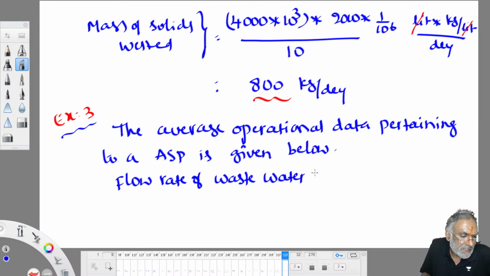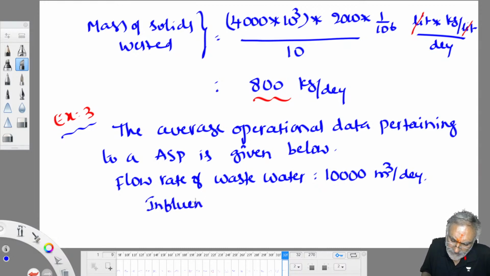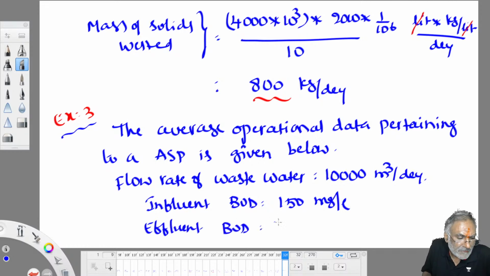So flow rate of wastewater 10,000 meter cube per day. Influent BOD 150 milligram per liter. Effluent BOD 30 milligram per liter.